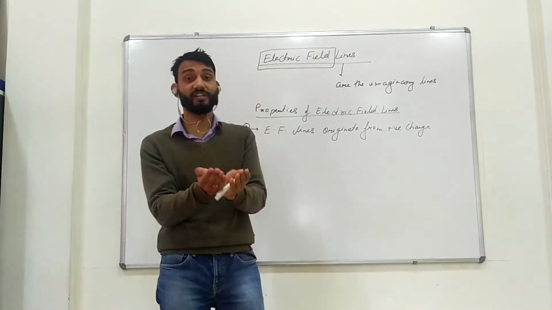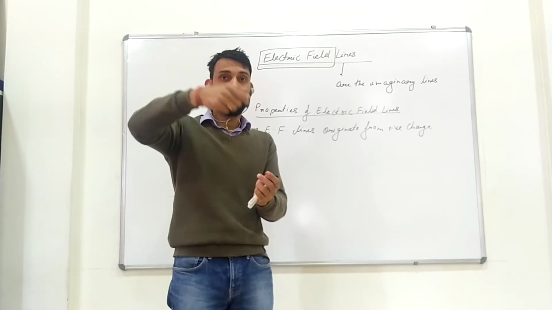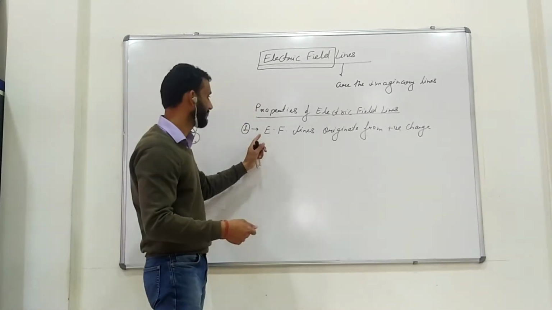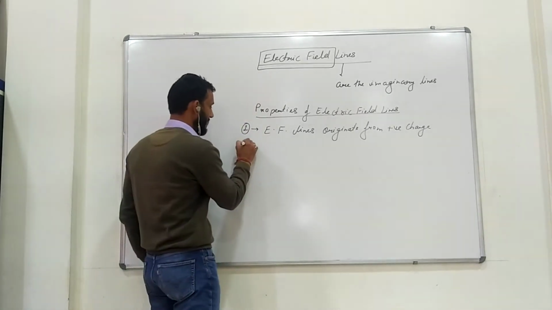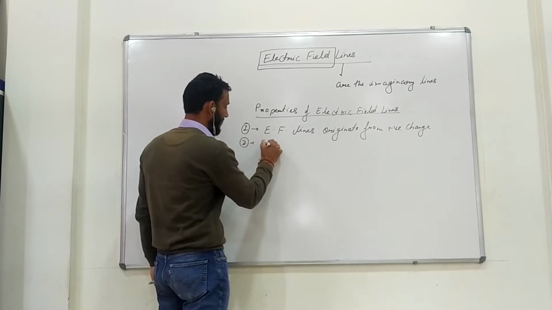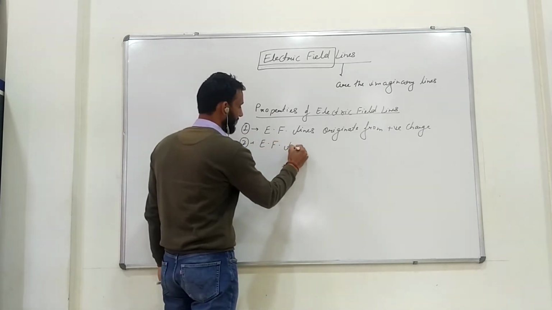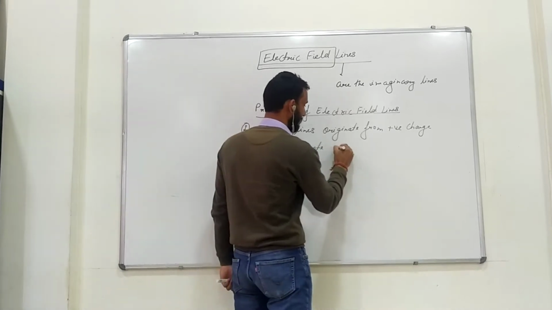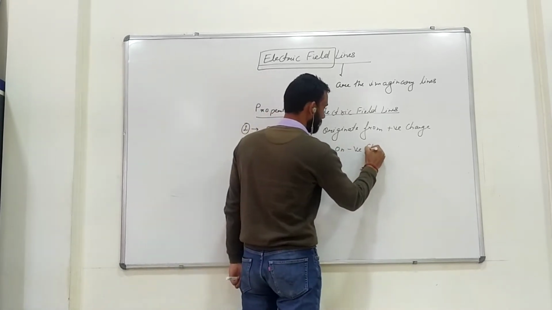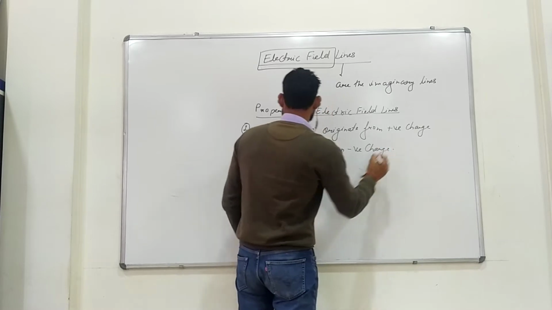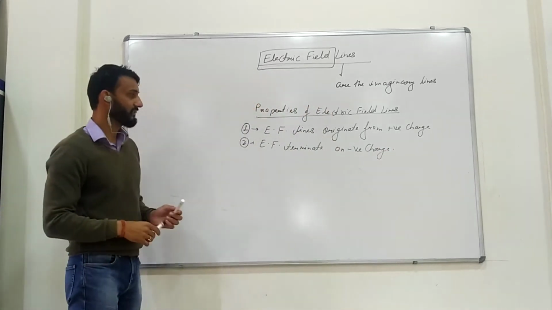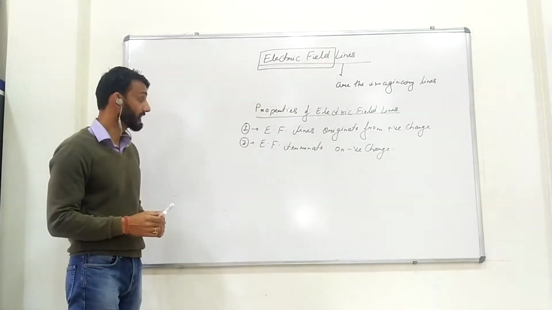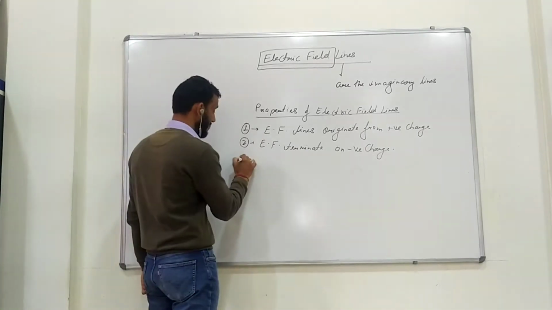So if you have a positive charge, it will start giving out electric field lines, and electric field lines terminate, which means they end, on negative charge. So electric field lines originate from positive charge and terminate on negative charge.